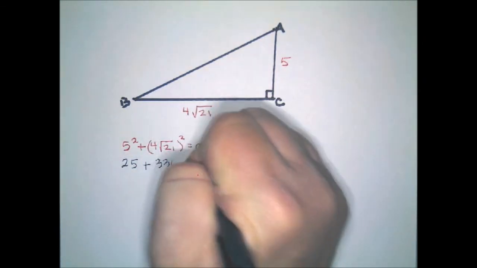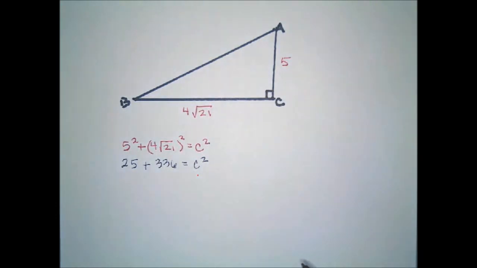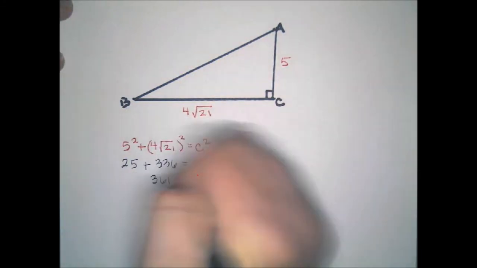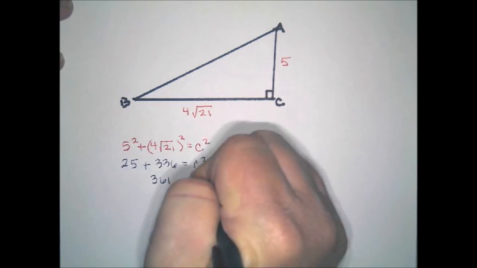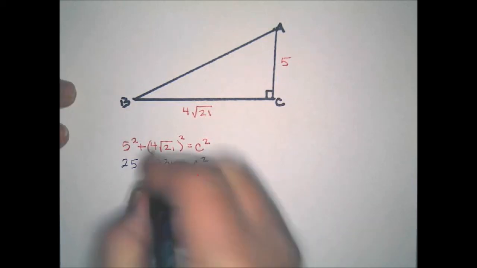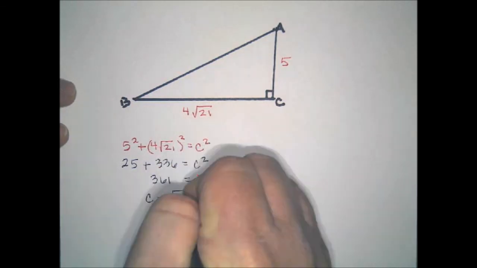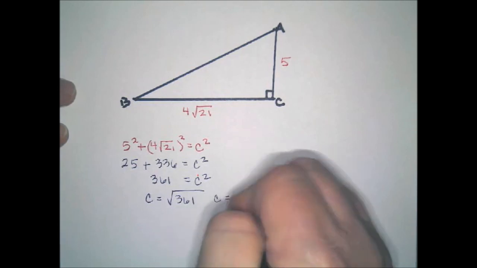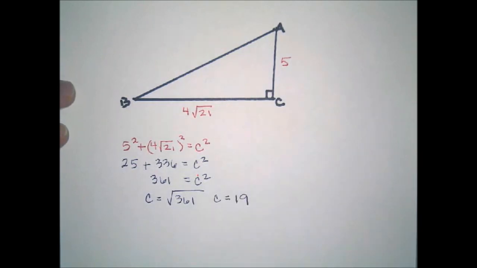Now, 336 plus 25 is 361, so 361 equals c squared. Now, take the square root of 361 and you get 19. So c equals 19. I made the numbers so they work really nicely. So what we just found out is the hypotenuse is 19.